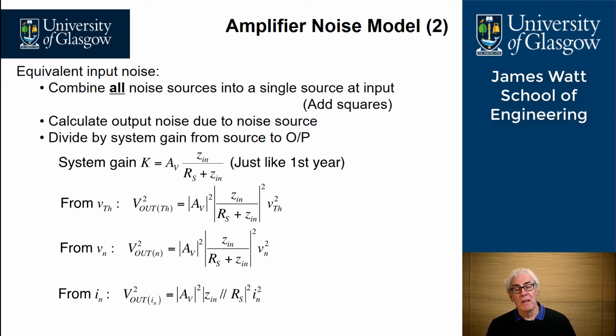Similarly, we can do the same calculation for Vn for the amplifier, and also for the current noise. So the output noise due to the In from the amplifier is Vout squared equals the gain squared multiplied by the parallel combination of the Zin, the input impedance, in parallel with the source impedance, squared, and we multiply that by the current.